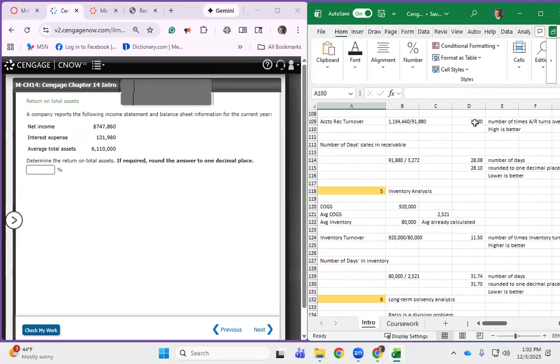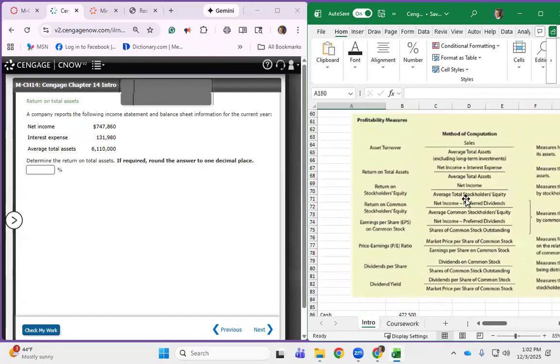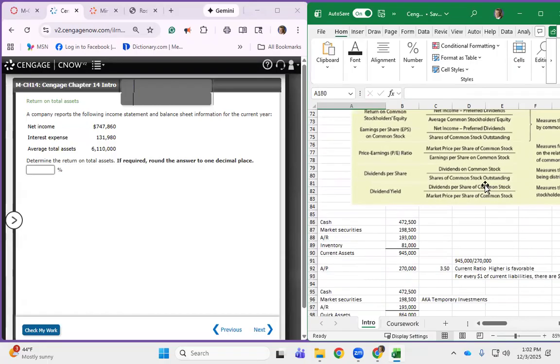So if we go up here and look at return on total assets, we need net income plus interest expense. Yep, we're adding back interest. And then we're going to divide by the average total assets.